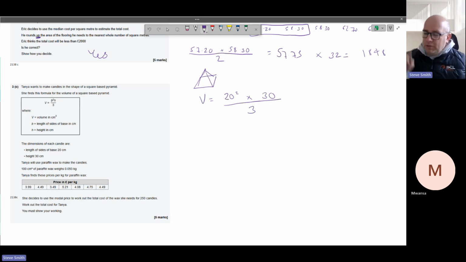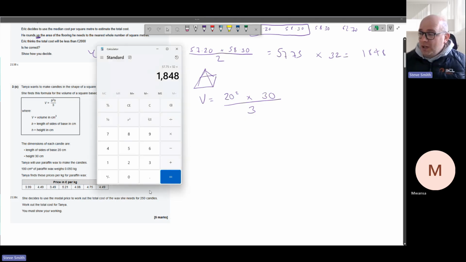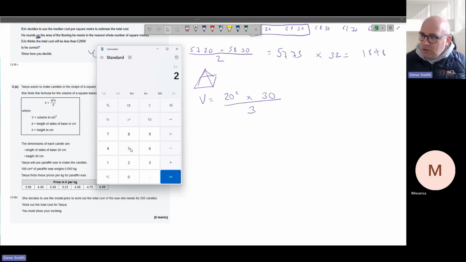So we've now got our formula to work out the volume of a candle. 20 times 20, think of it as 2 times 2 and add 2 zeros on the end. 2 times 2 is 4, and if we stick 2 zeros on the end, it's 400. So 20 times 20, we've got 400.